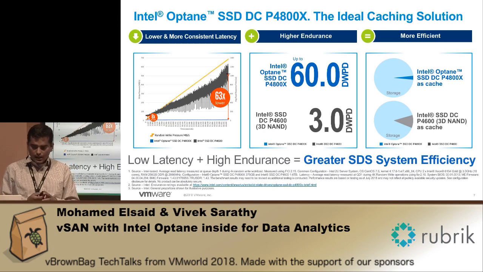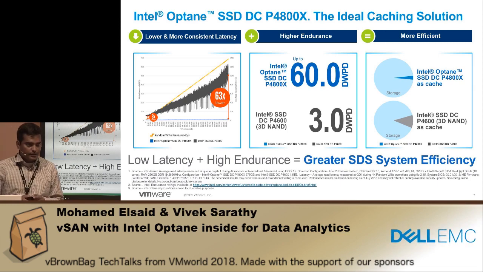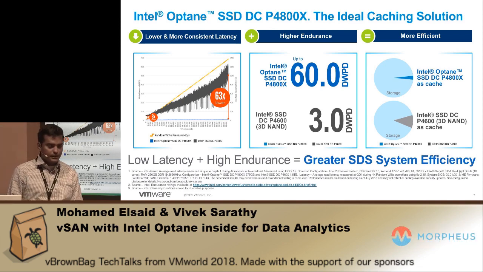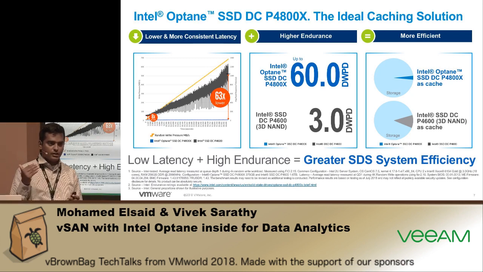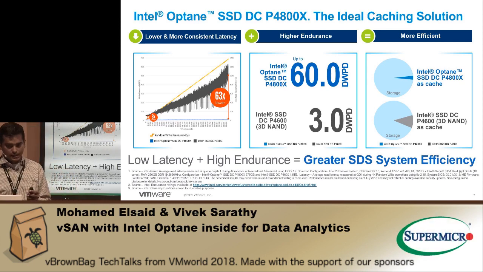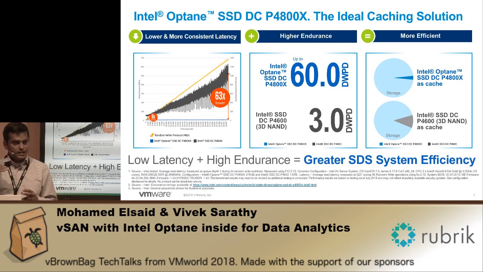The graph on the left is a write pressure test where a bunch of 4K random writes are being done, and you see the read latency that comes out, comparing a standard NVMe device to an Optane SSD. Over a period of time, the latency goes up on a standard NVMe, and what you see in the blue line is that Optane's latency pretty much stays flat.